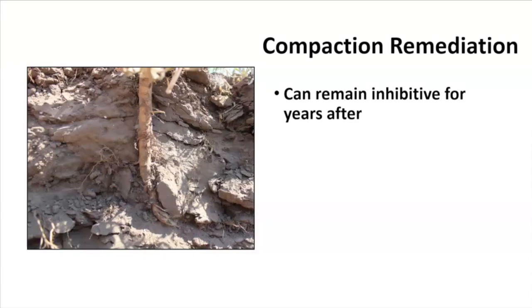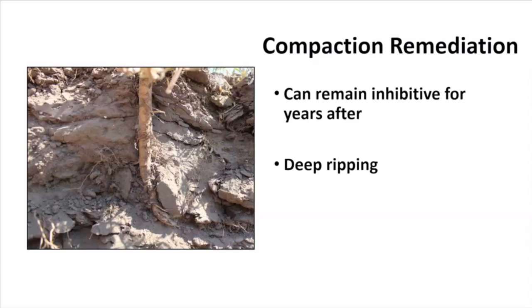I've seen cases in the literature where they just seeded it, they didn't do any physical remediation, and it was totally fine after 2 years. I've seen one case where it was 40 years, they were still seeing a very compacted layer that inhibited roots.